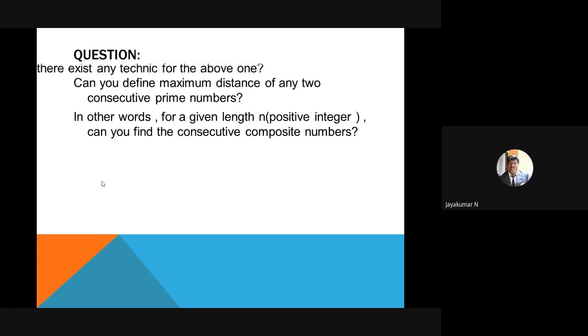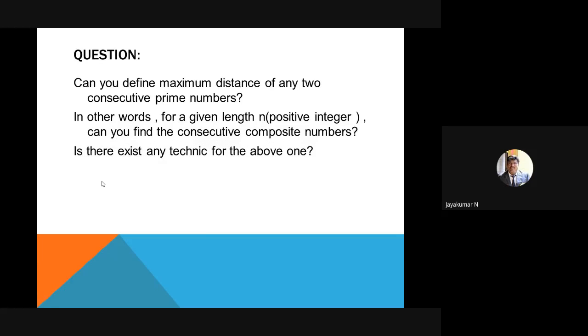Is there any technique for the above one? The answer for the first one is that there is no possibility of defining a maximum distance of any two consecutive prime numbers, because prime numbers are infinitely many. If we fix a last prime number, we can find the distance, but the prime numbers are infinite, so we cannot fix it.